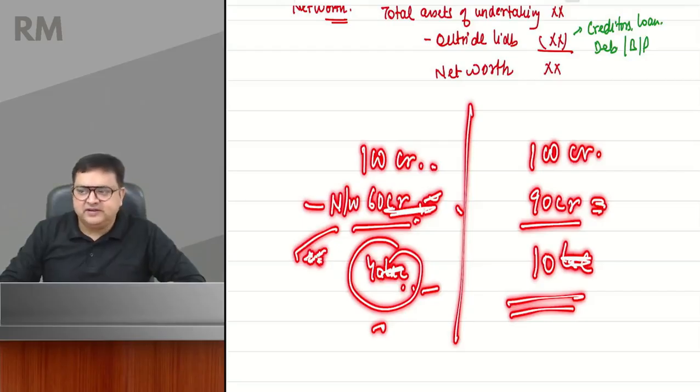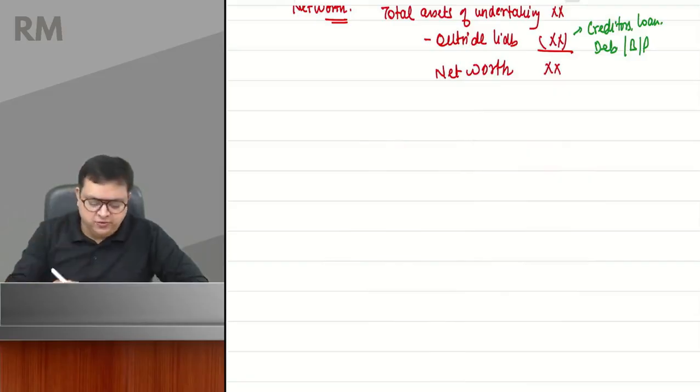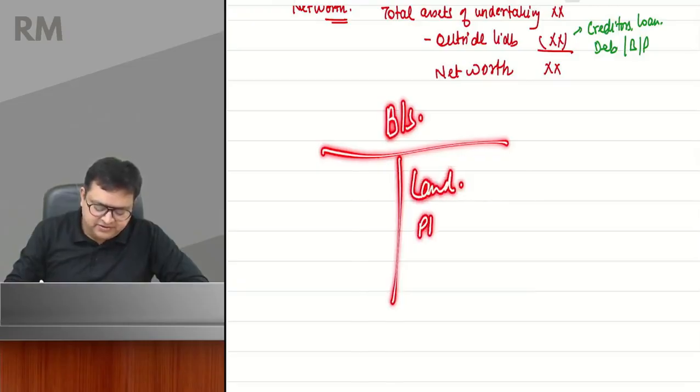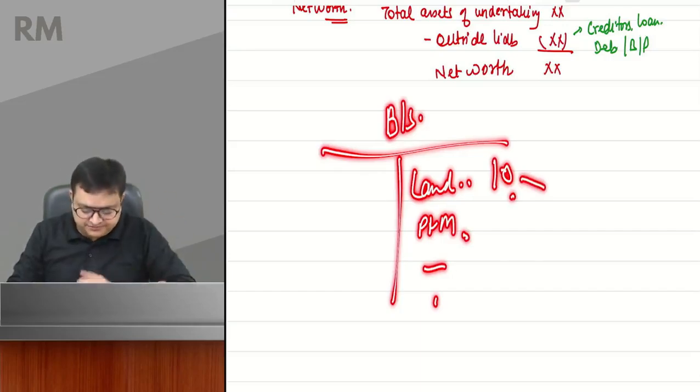So this section says that if you are increasing your assets, see, this is the balance sheet. Here it is land. Here is plant and machinery. Here are other things. So let's say my land is sitting at 10 lakh. And if I increase my land value, my net worth will increase. So how will I do it?